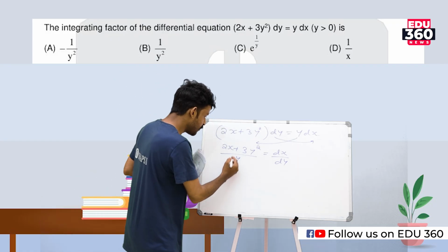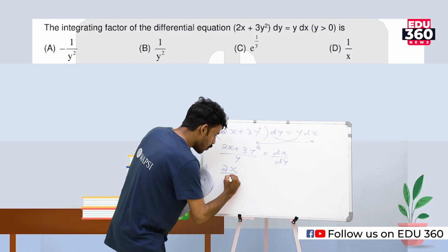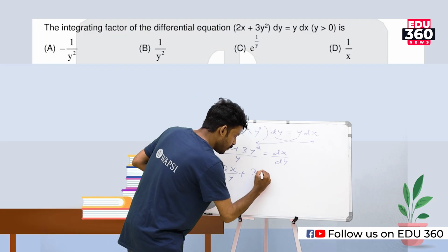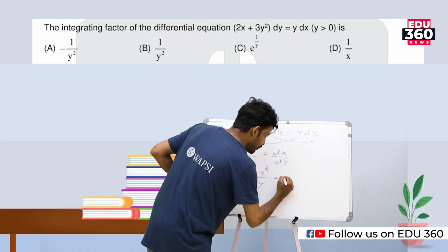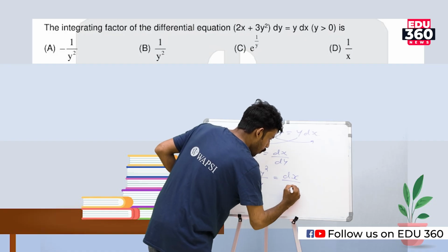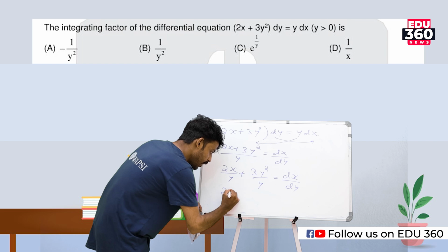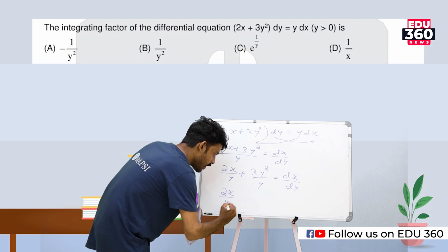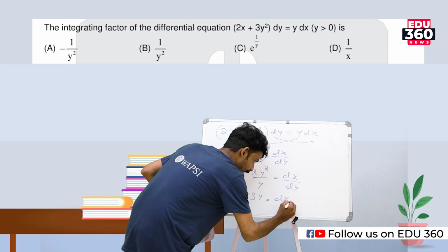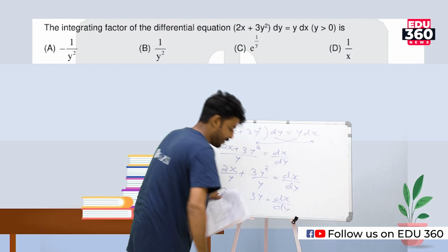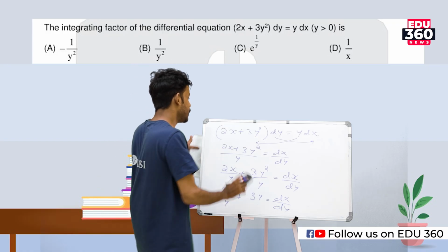Hereafter we can split this: 2x/y + 3y²/y. y² by y we can cancel, so we will get y there. So that means 2x/y + 3y = dx/dy.